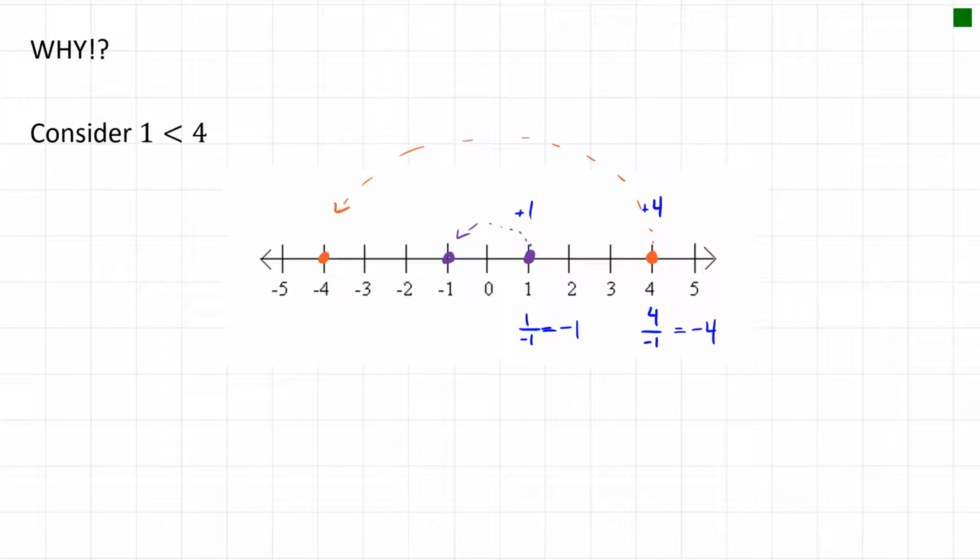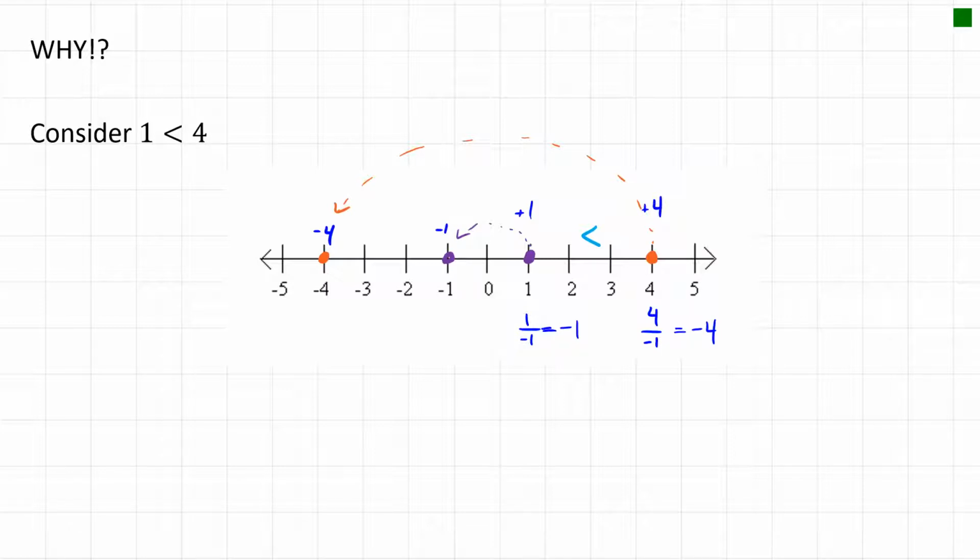So 1 becomes -1, 4 becomes -4, and look at what has happened to the order of these two numbers. Before, 1 was definitely less than 4. But when we're talking about -1 and -4, well, look at what's happened. -1 is larger than -4.